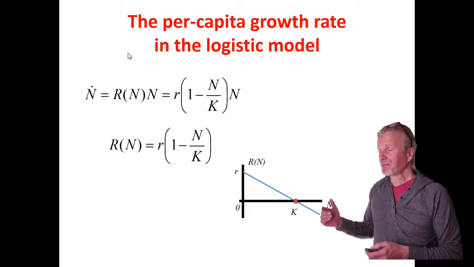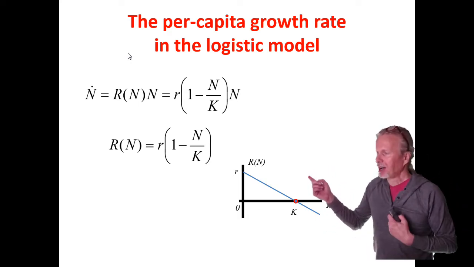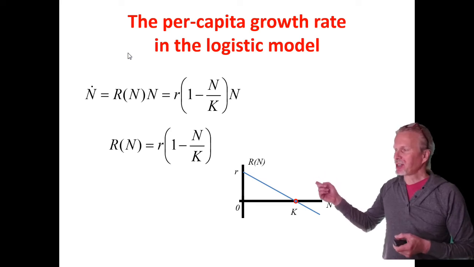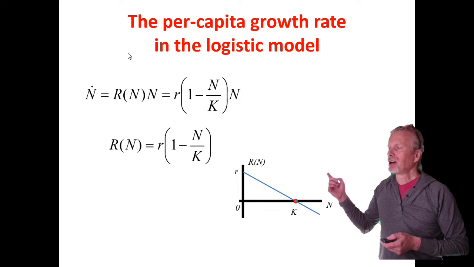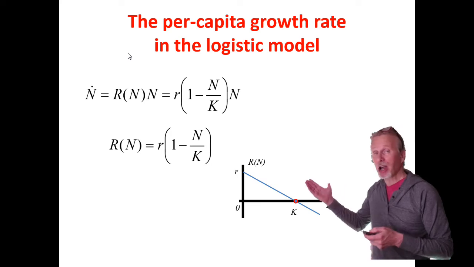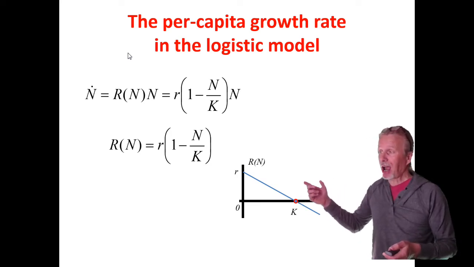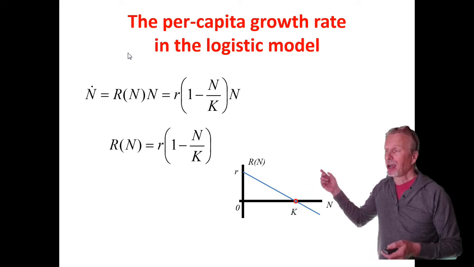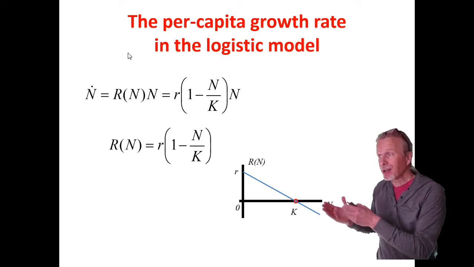In fact, you can see here that dN/dt is equal to capital R(N) times N, where R(N) is the per capita intrinsic growth rate, which now is not constant any longer. It actually happens to be a decreasing function of the population density, and it's a linear function.